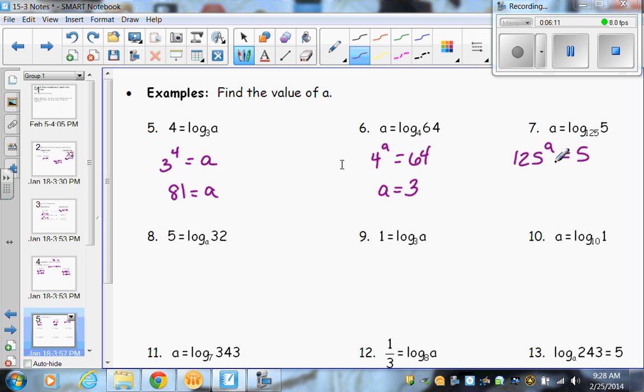So we have to figure out that 125 to what power is equal to 5. And that tells me that 125 to the 1/3 is 5. So a equals 1/3. You can also think of it as 5 to the 3rd is 125, so then 125 to the 1/3 has to equal 5.